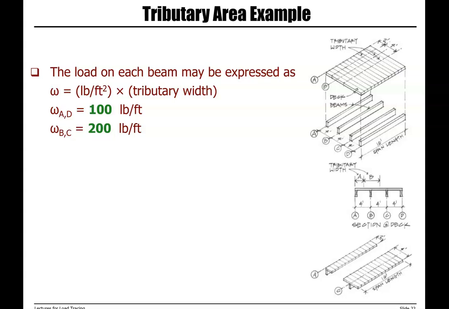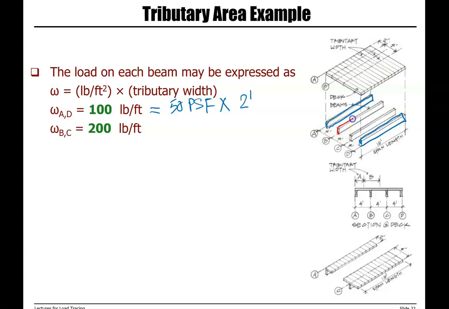So if we look at beams A and D, where we had a tributary width of 2 feet, then 50 PSF times 2 feet gives us 100 PLF.